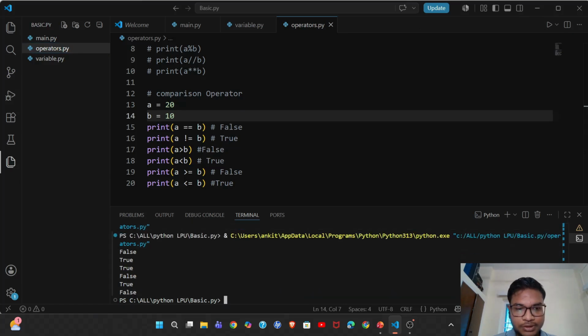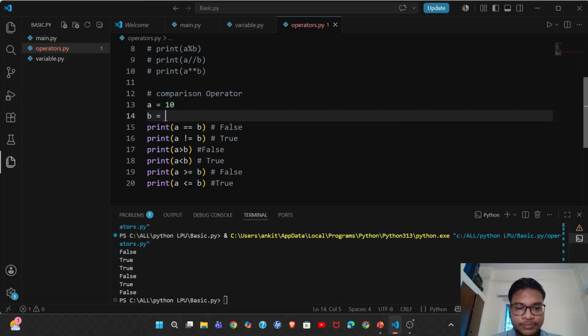Then you will see the final output value. What is that? False, true, false, true, true, because 20 is greater than 10. And that is false because 20 is less than 10, not possible. Then there is true, because 20 is greater than or equal to 10, and 20 is less than or equal to 10, so that's false. So this is all about it.